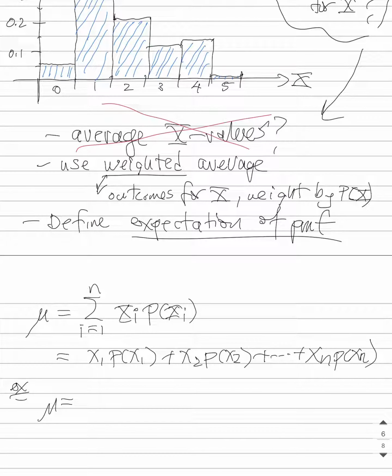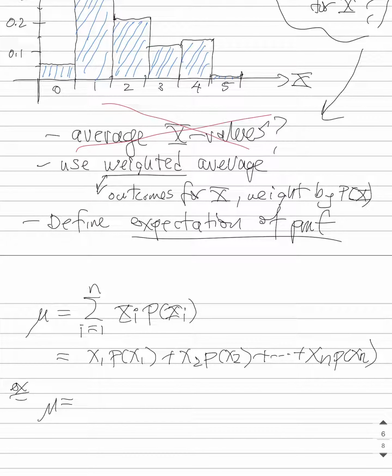Next, the outcome 1 should be weighted by the probability 0.42. The outcome 2 should be weighted by its probability, so on and so forth. And if we keep going and tabulate everything in this way, we will end up with a calculation. You can just take your calculator and hammer out this number, and you'll get 1.97.